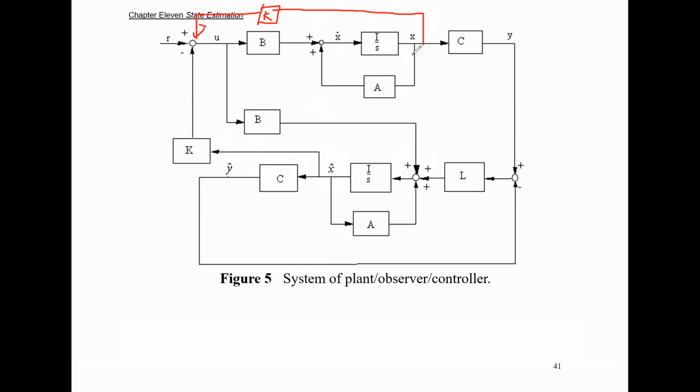In the original design we use x, but we know x is not available. So in the final design, we use k times x hat in the controller. But we want to know how that affects the whole system.